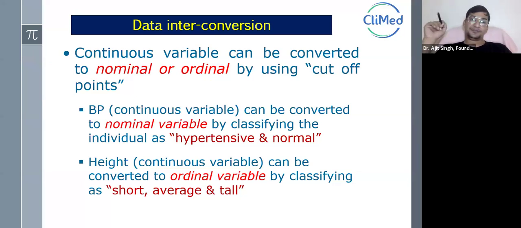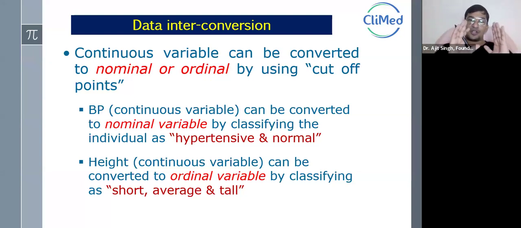That is continuous type of data. Maybe there is no decimal, but there is no specific range. There is a huge range.